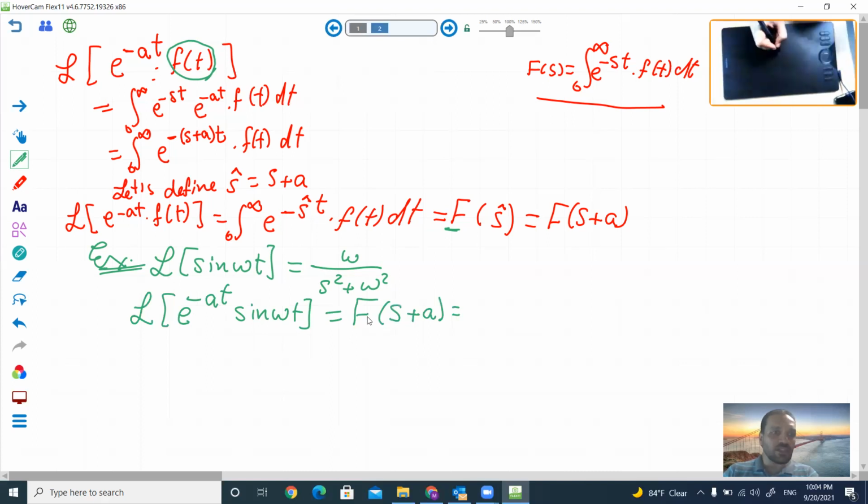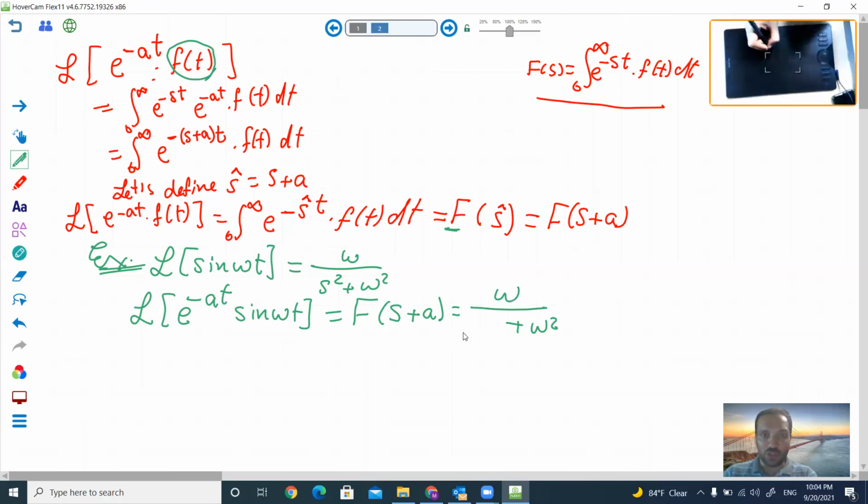So what is capital F? Capital F is the Laplace transform of sine omega t. So we can write this expression that we already know, omega over something plus omega squared, and each s in capital F of s will be replaced by s plus a.